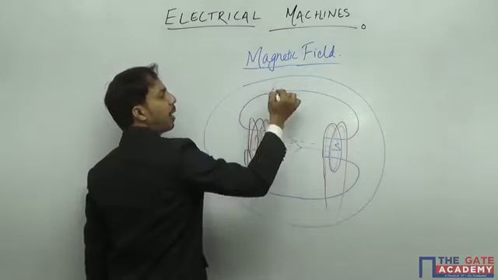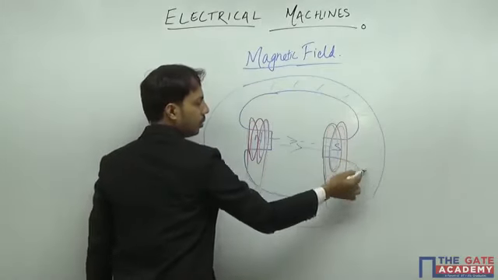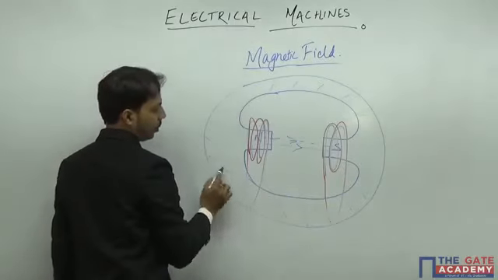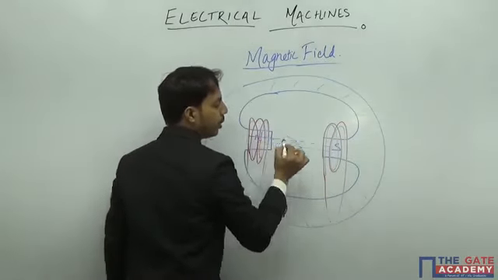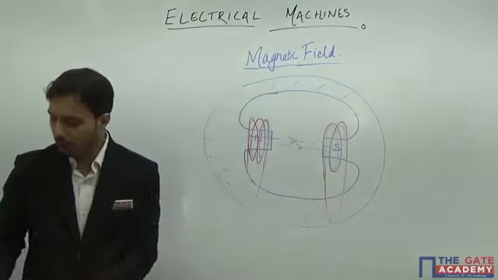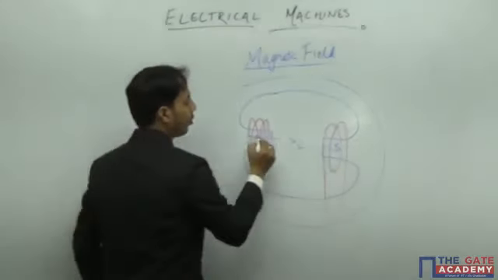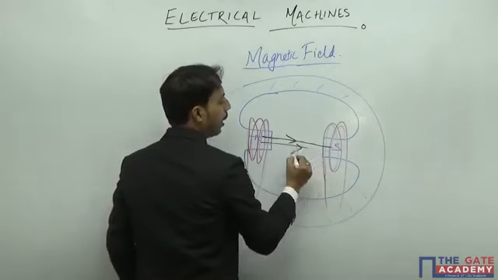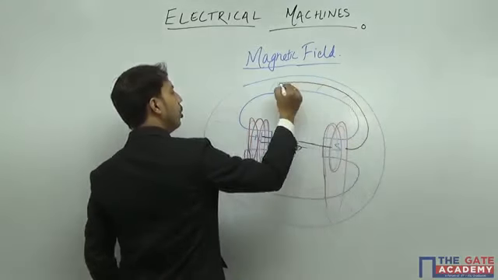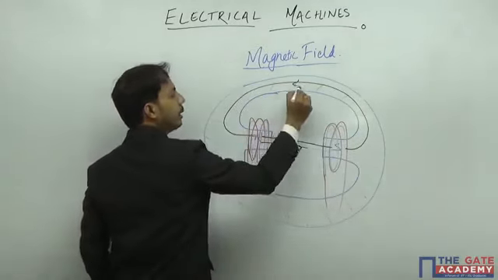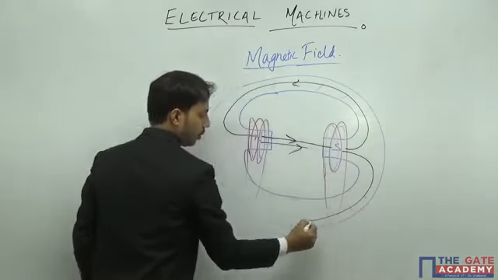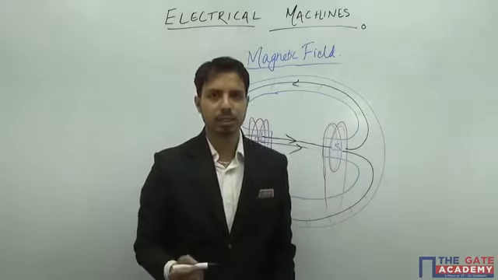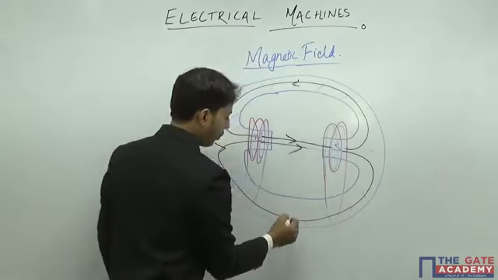Now see, this is my bar. It will flow from north to south outside the bar, and from south to north inside the bar. And these are also called the flux lines.